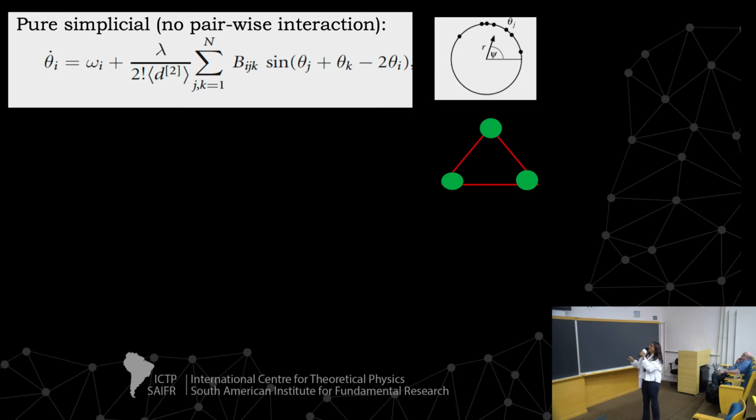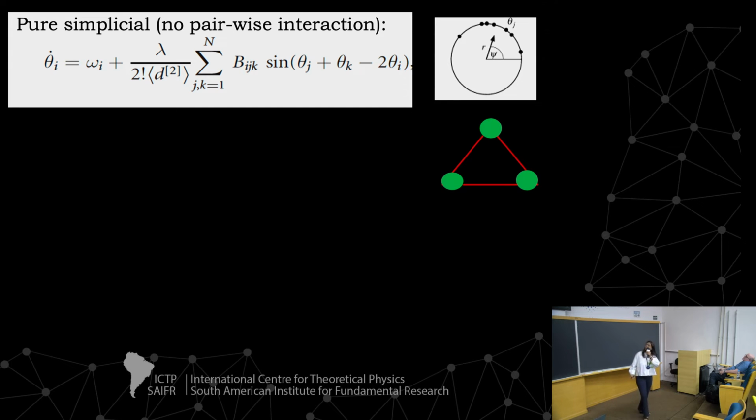So here you can see B_IJK is your hypergraph. Here, since I have taken globally coupled networks, this will actually come out, and you have the sum running from J, K equal to 1 to N. Lambda is the coupling strength, which was K in the earlier slide. And this is, again, some normalization constant, which you can forget right now.